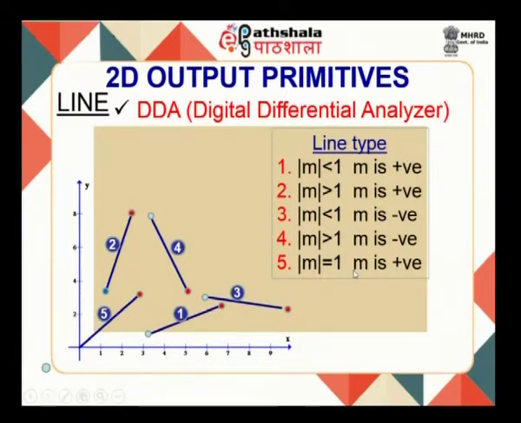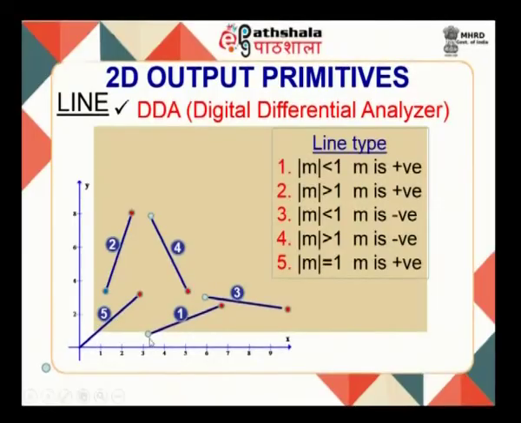The slopes are given here. For line types 1 and 2, the slopes are positive. What do we mean by positive slopes? While x increases, y also increases; while x decreases, y also decreases. These are considered positive slopes.